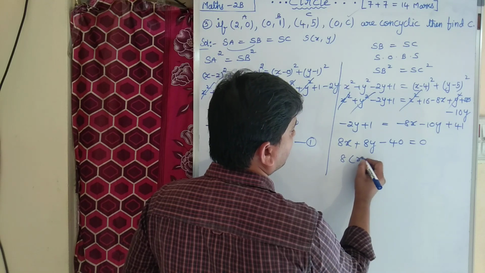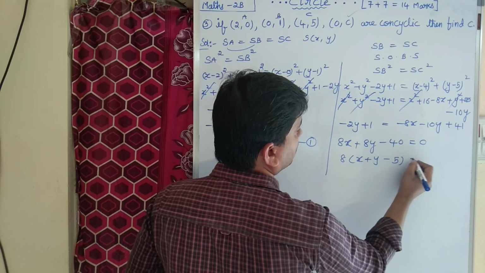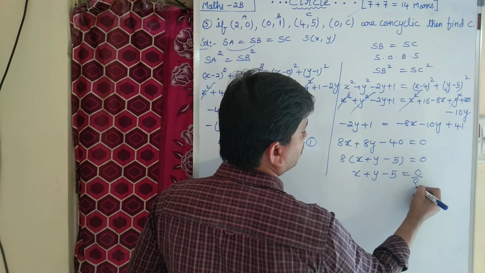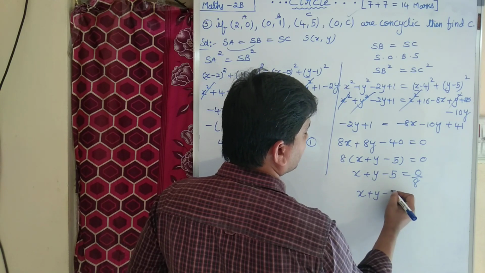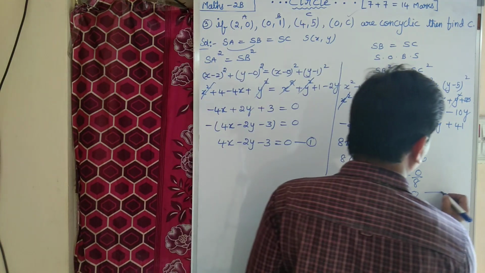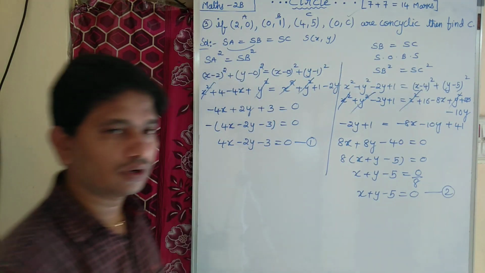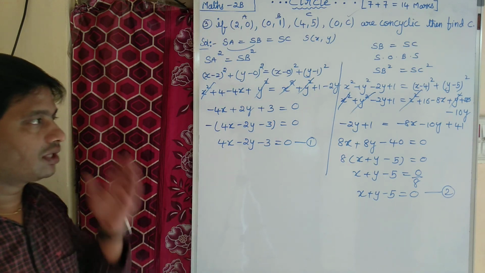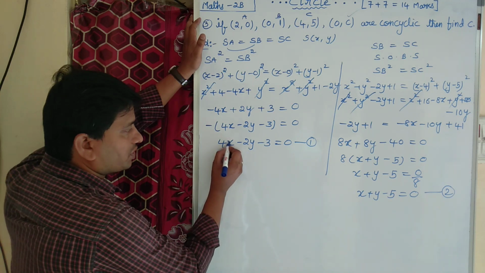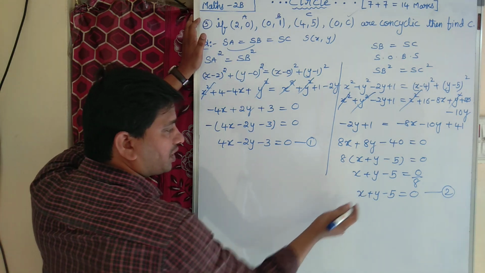If I take 8 common, x plus y minus 5 equal to 0. So that is our equation number 2. Okay children, now solve equation number 1 and equation number 2. So here the x coefficient is 4, whereas the x coefficient here is 1.